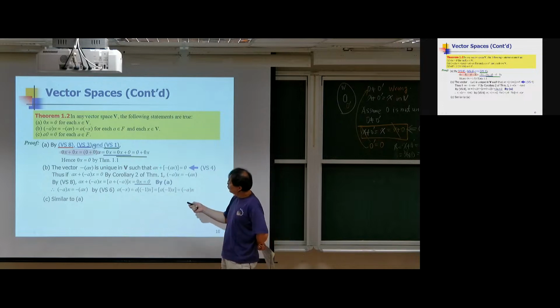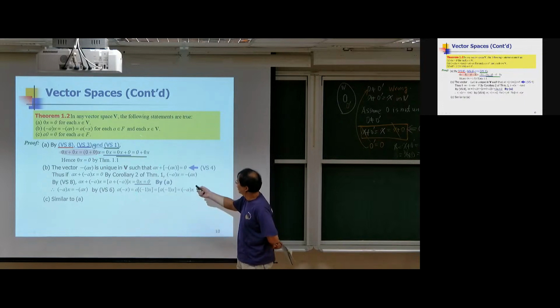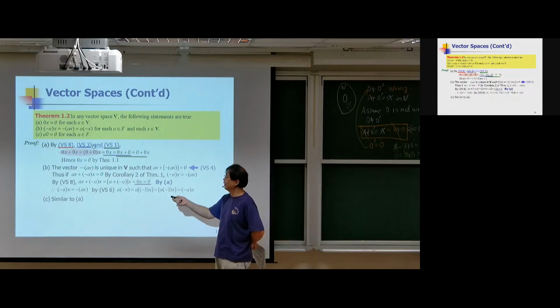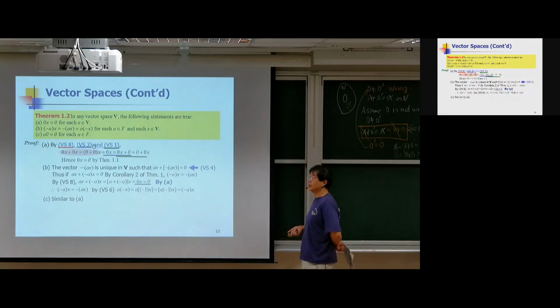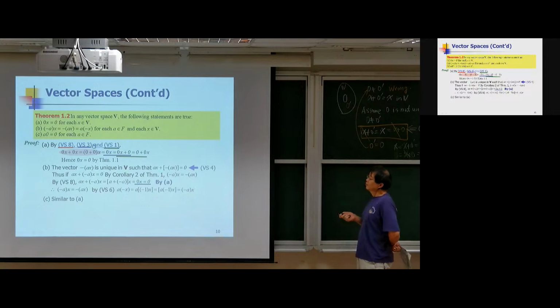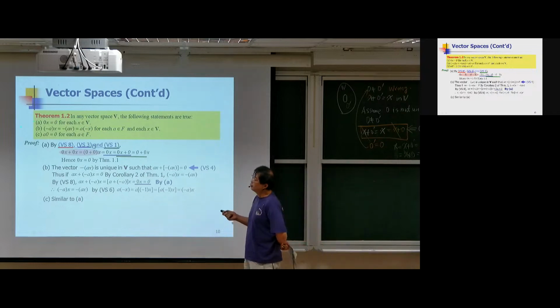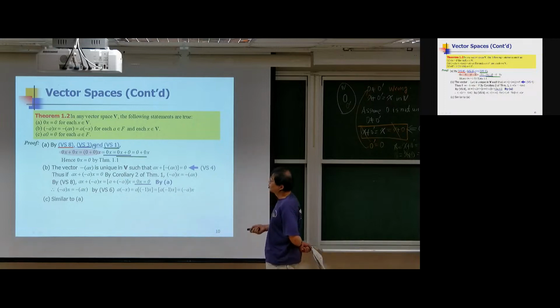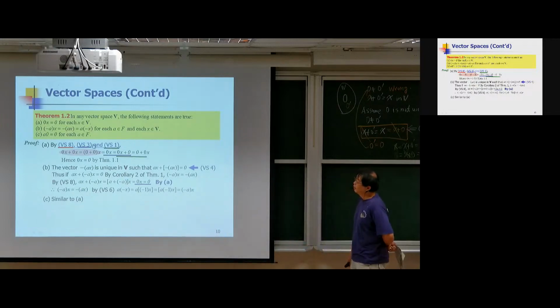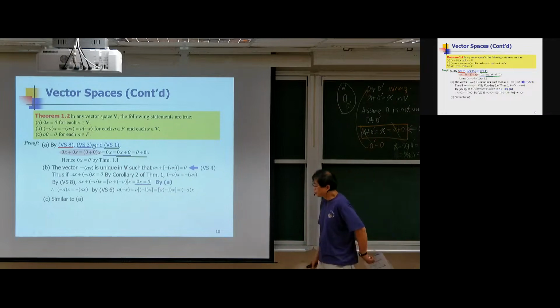And then by using cancellation law, I can cancel 0x here, 0x here, and I get 0x equals 0. Okay, so this is the way we prove that if we have a scalar 0 multiplied by any vector, then I will get 0 vector here in A of theorem 1.2.